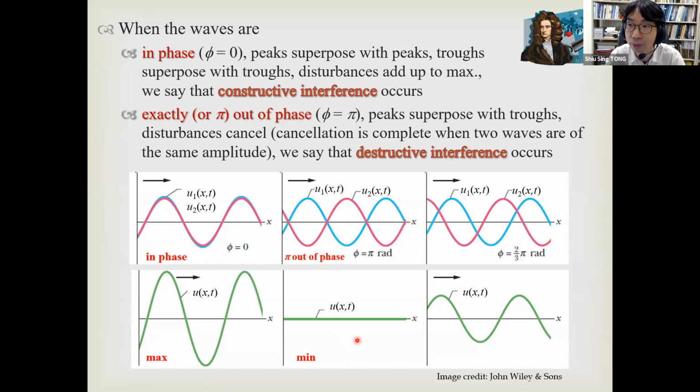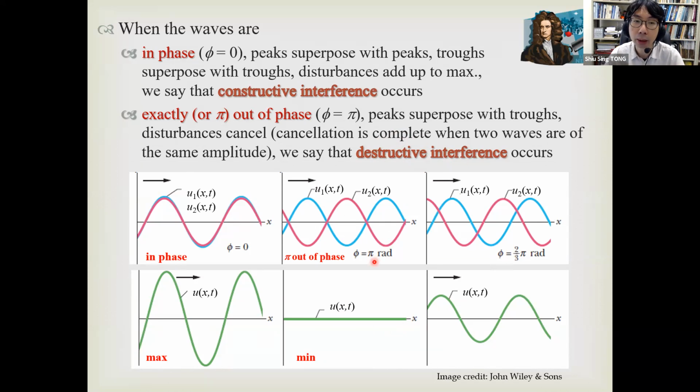So they always cancel, and that results in a zero disturbance. That becomes the so-called destructive interference. Destructive interference corresponds to two waves superposing with half a wavelength out of phase, and half a wavelength corresponds to the phase angle pi.